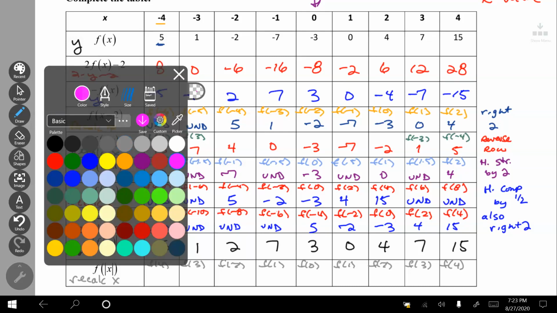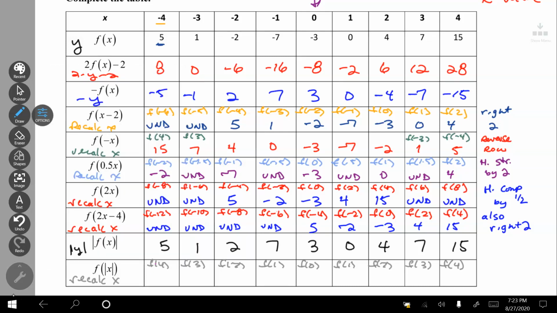And then f of 4 is over here. Well, these are all the same. So these are just going to be negative 3, 0, 4, 7, 15. But this says positive 4, so it's 15 like I had before. F of 3 is 7. F of 2 is 4, and f of 1 is 0. And you kind of get the symmetry look over the middle that these guys are the same, and so on and so forth.